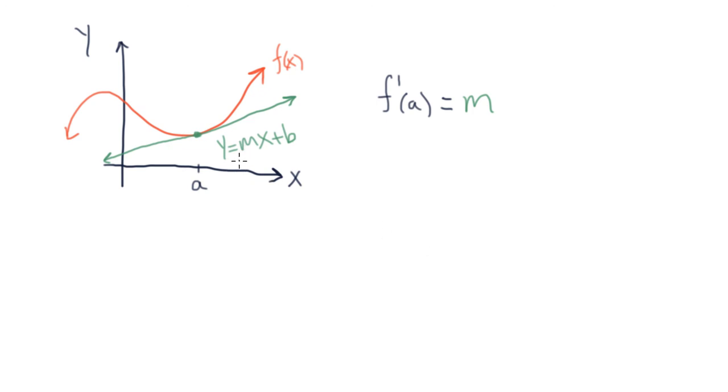And actually, if we want the equation of the tangent line, notice that for the tangent line, we have the slope, and if we want a point on the line, well, we know a point on the line. It's (a, f(a)). Remember that this point is the point of tangency for the tangent line.